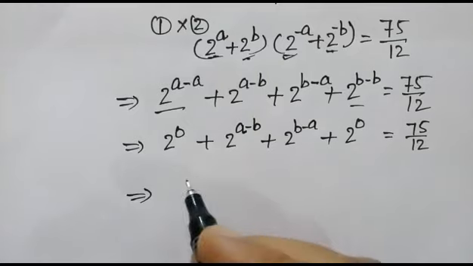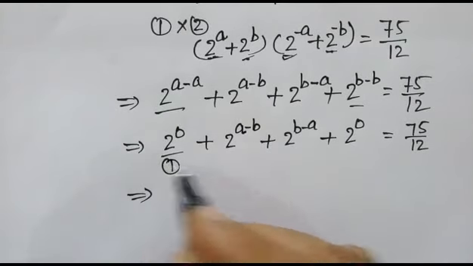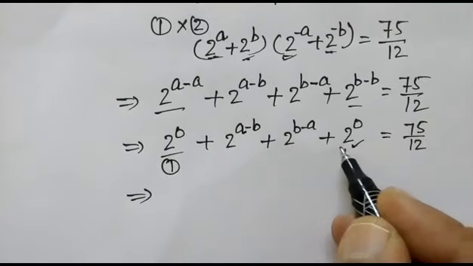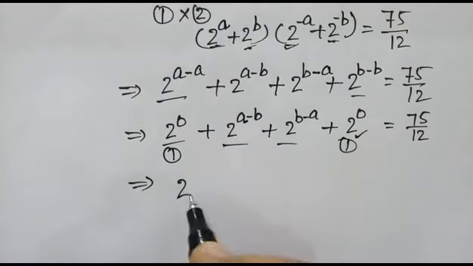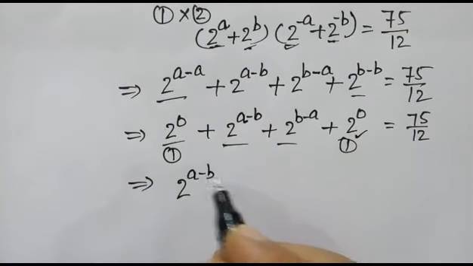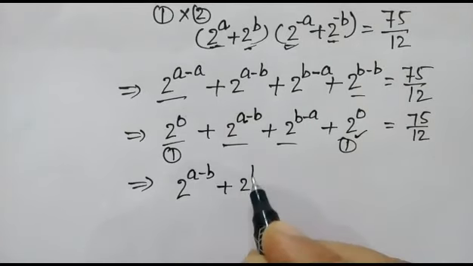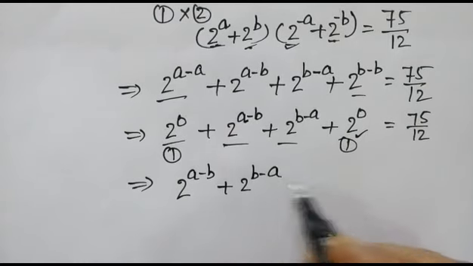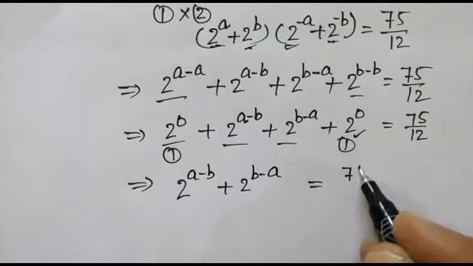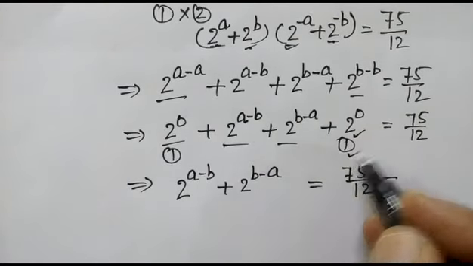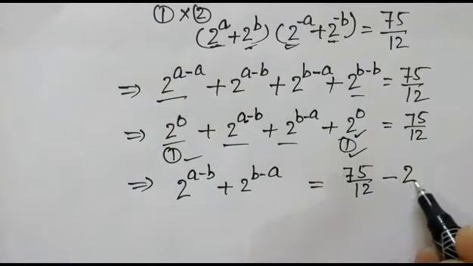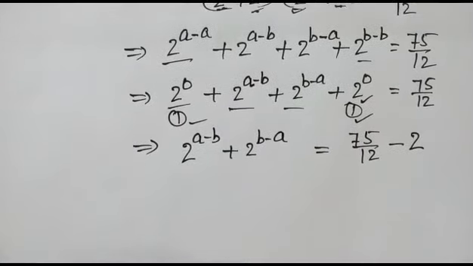Now this value is equal to 1 and this is also equal to 1, right? So 2 to the power a minus b plus 2 to the power b minus a is equal to 75 over 12 minus this and this 2, right?